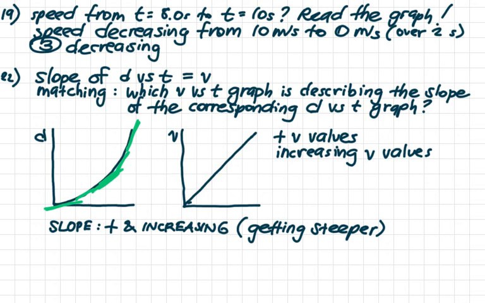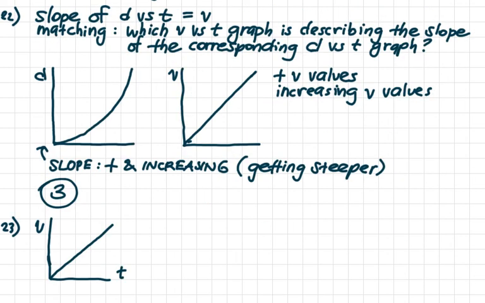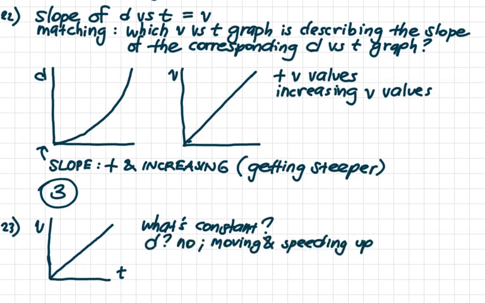That is choice 3. So 23, speaking of slope, we have a v versus t graph, and it asks what in this graph is constant. Well, let's go over the things that could be constant. Is the displacement constant? In other words, is it not moving? Well, it's definitely moving as it has speed values. So the displacement's not constant. What about the velocity? No, because it's speeding up.